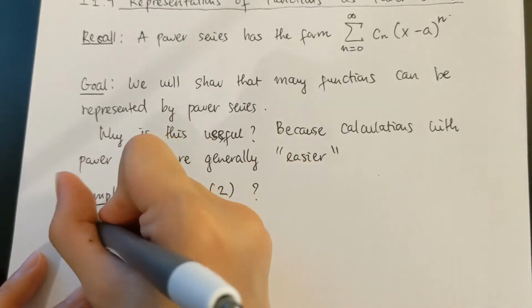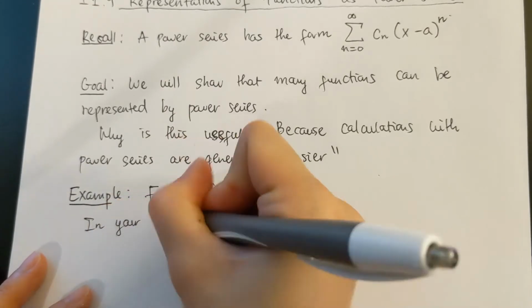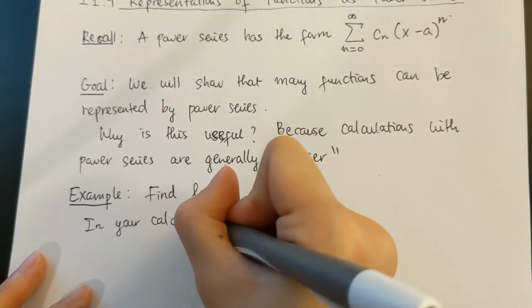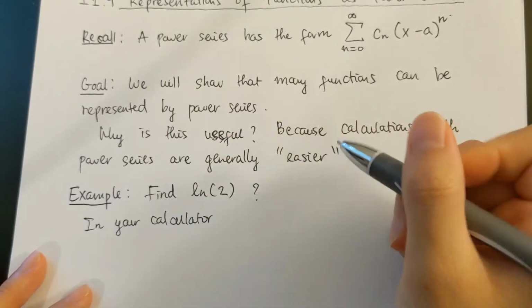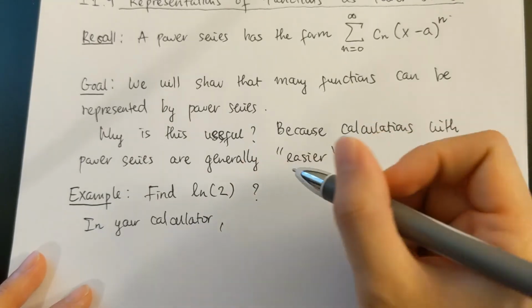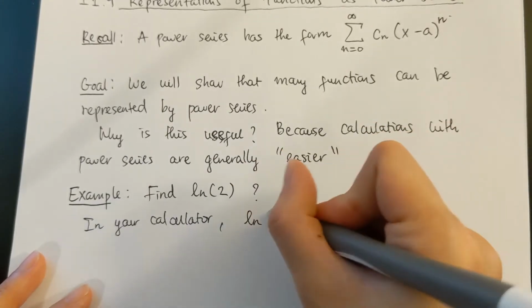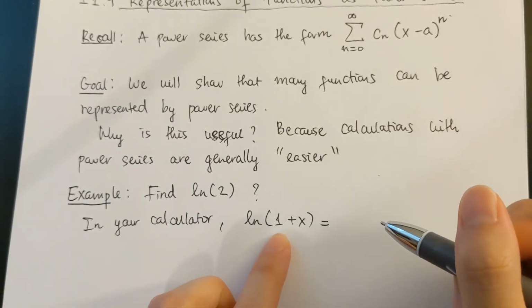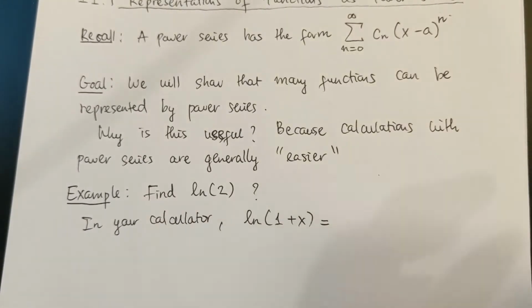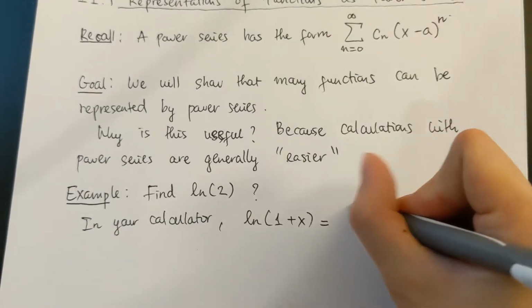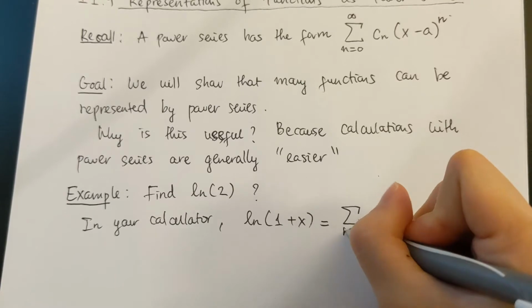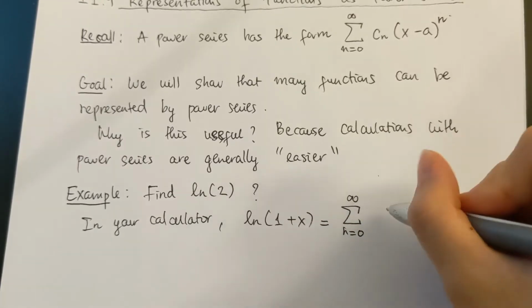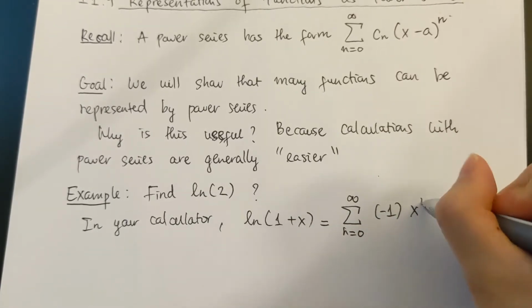So in your calculator, it will encode this power series. Instead of putting natural log 1 plus x, well, the calculator wouldn't understand what is natural log. But we can encode this power series.